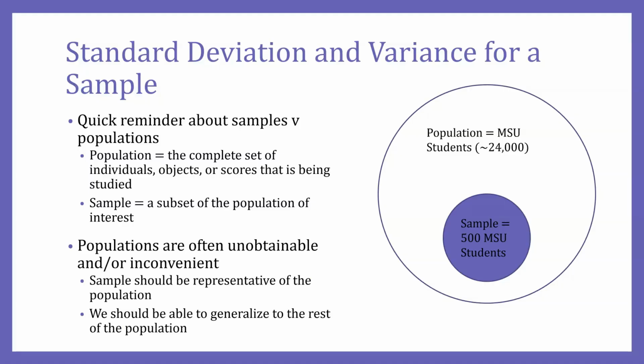The reason we do that is that with populations, oftentimes we straight up can't get everybody. It would be very difficult to get everybody from Missouri State to participate in a study, for instance. And even if we could, it would be pretty inconvenient. So we usually just do a sample, and we hope that if we get a large enough sample, it should represent the population pretty well.